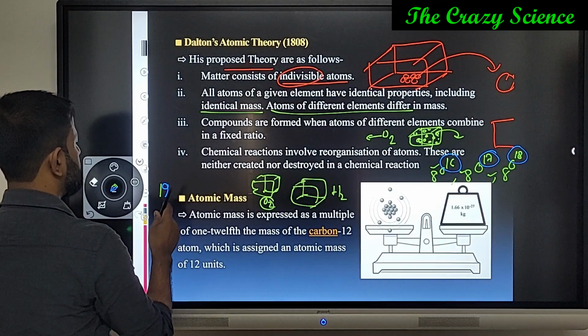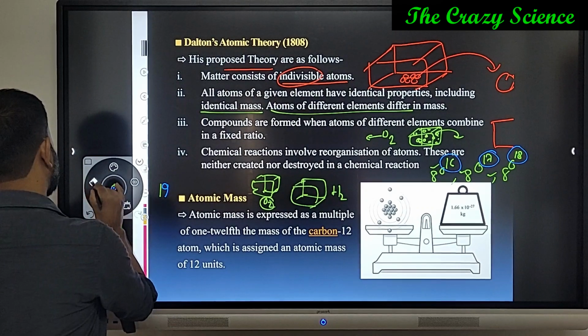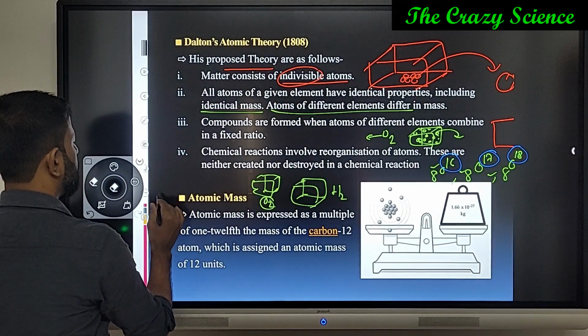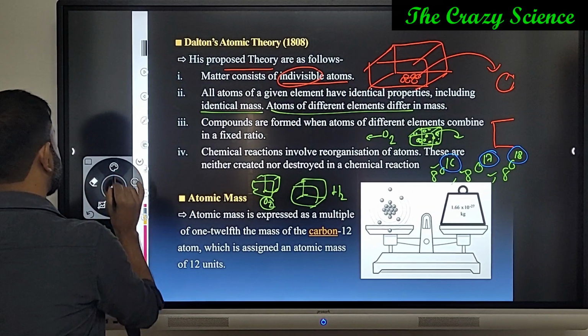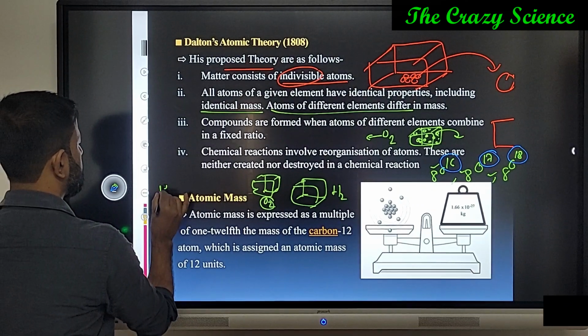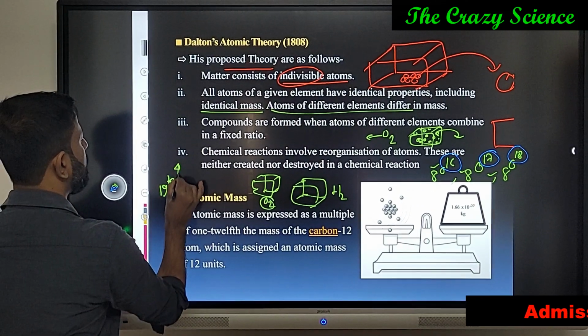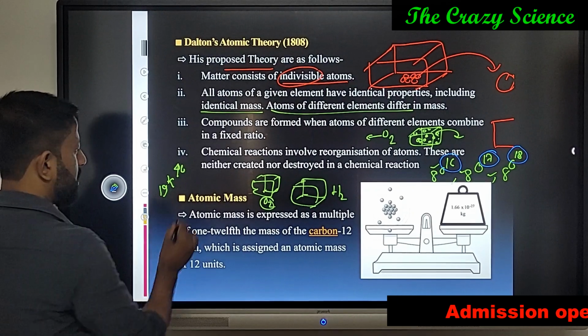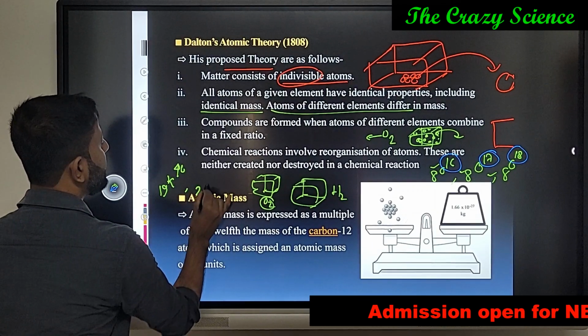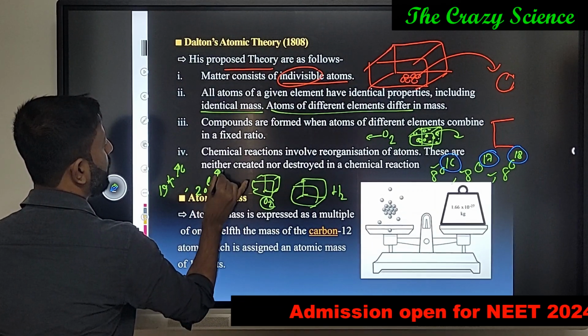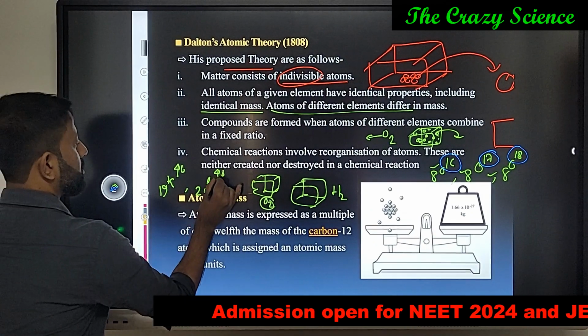For example, I can say 19K40 potassium as well as 20Ca40. Okay, this one is 40.